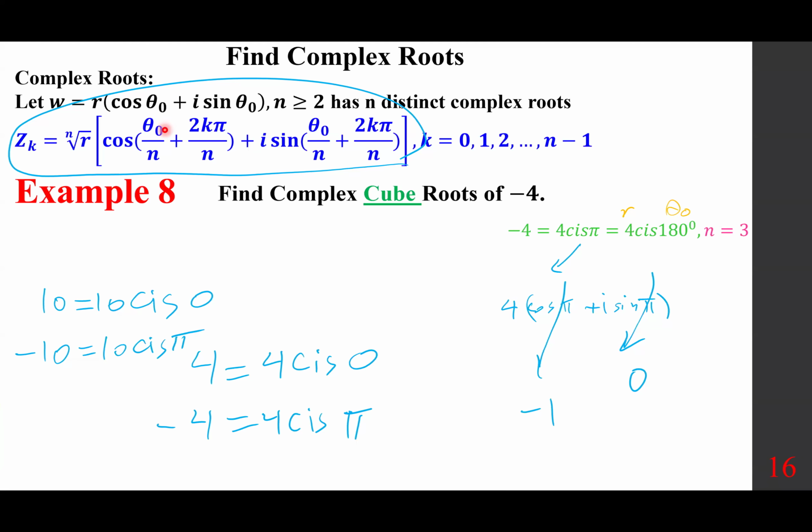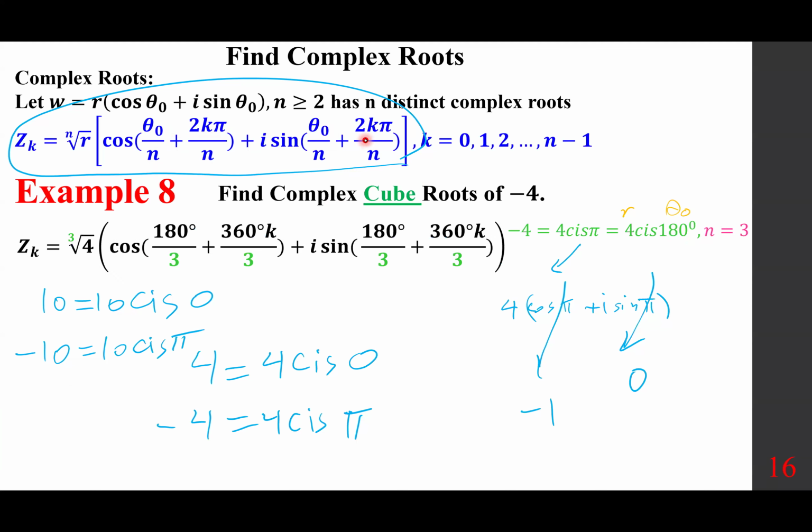So theta sub 0 is 180 divided by n, which is 3, plus 2k pi. Since I'm going to go with the degrees, I'm going to put 360 degrees k divided by 3, and the same thing goes here. You can do that, or if you want to go with pi here, then this is 2 pi k. Either way works, but it might be a tad easier to work with degrees.